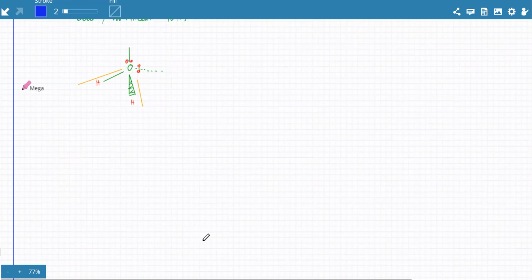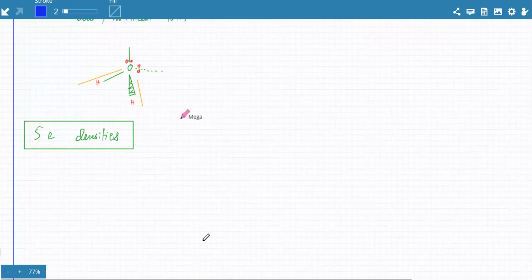The next one is if you have five electron densities. With five, you don't really get a lot of questions, but you might. The first version is if you have five bonded pairs of electrons.